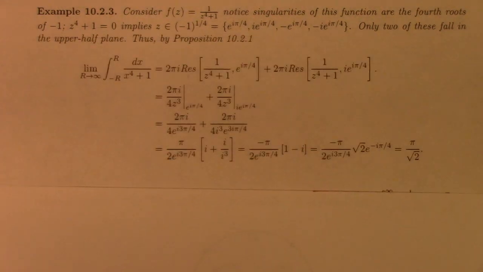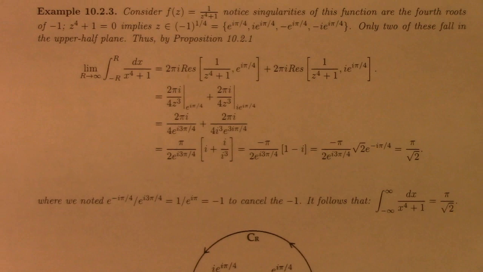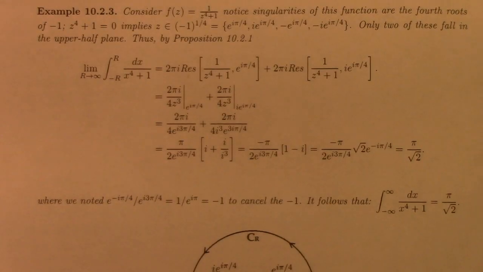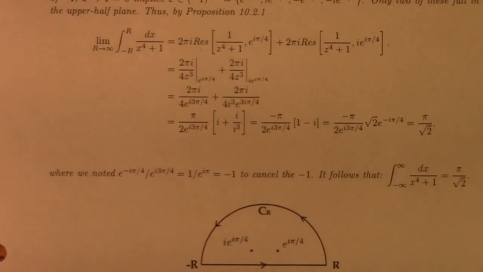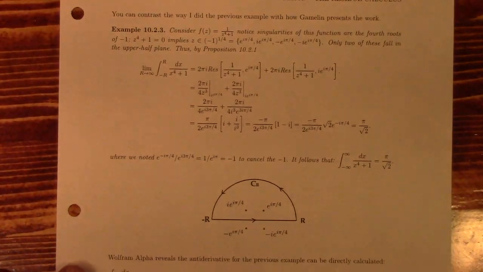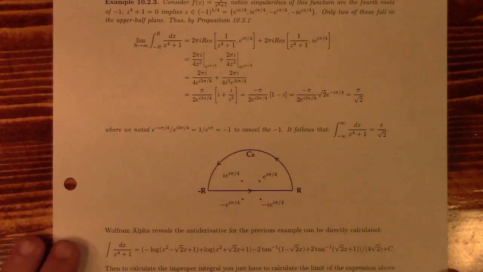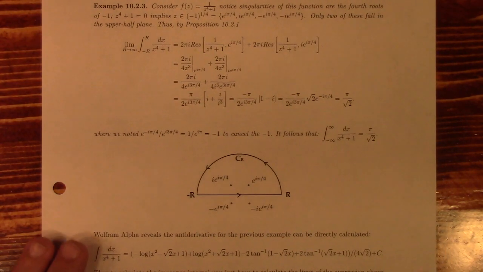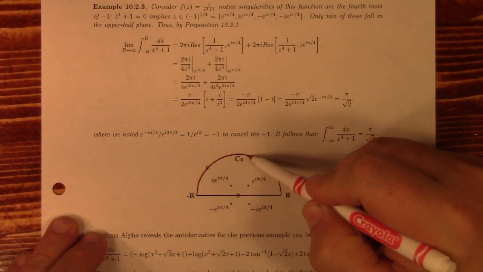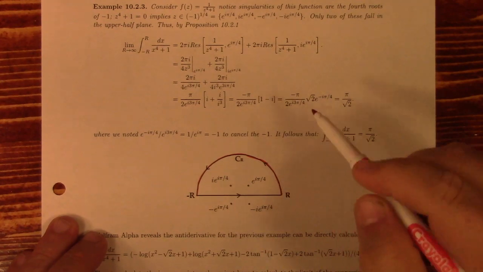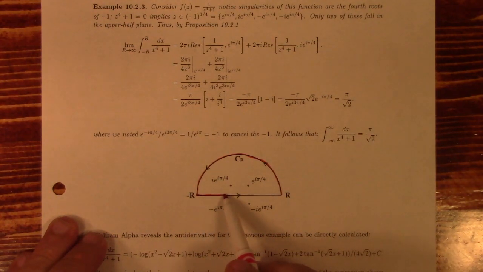It's fun to look at the picture of that down here. I guess I have to zoom out. So here's the contour we're working with, this half circle, the boundary of the half disk.